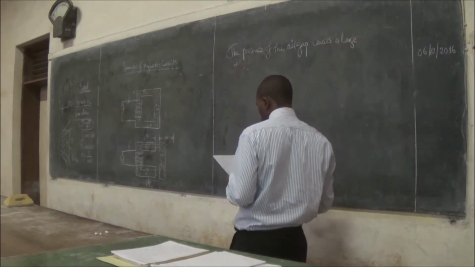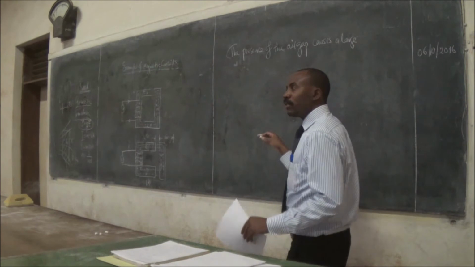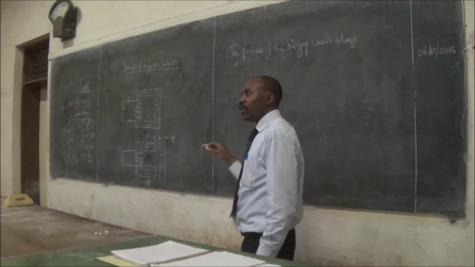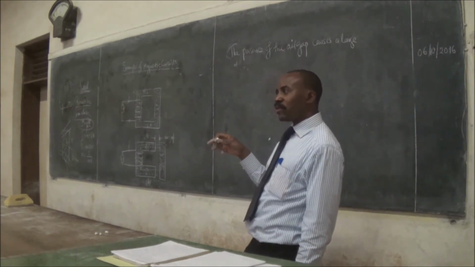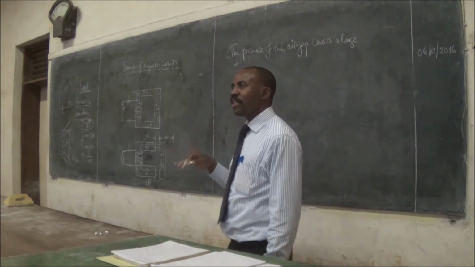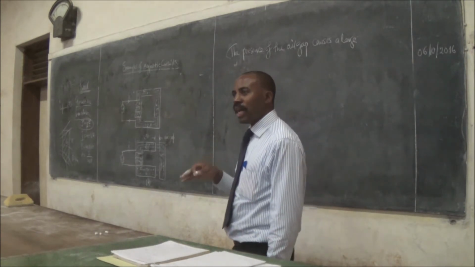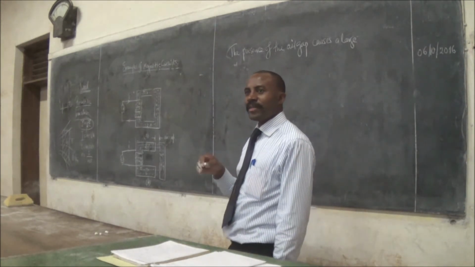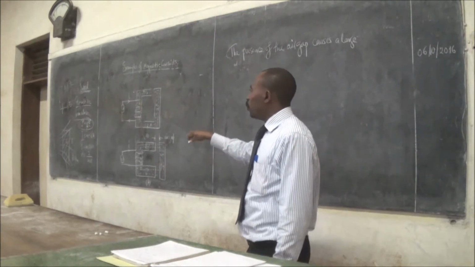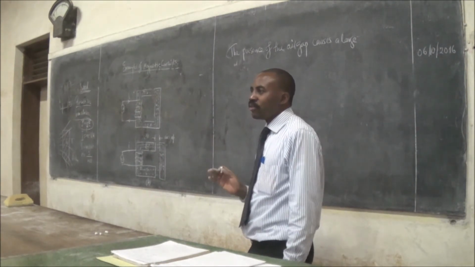So what would increase here? We have many terms: flux density, field density, reluctance. So what would increase here when we now introduce the gap?